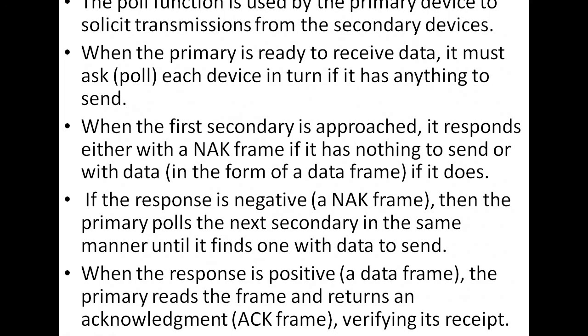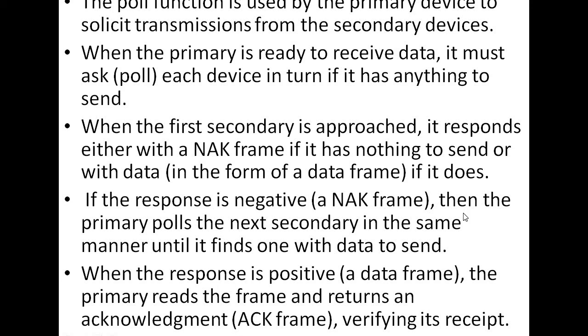So here are the notes. The pull function is used by the primary device to solicit transmissions from the secondary devices. When the primary is ready to receive data, it must ask, that means pull, each device in turn if it has anything to send. When the first secondary is approached, it responds either with a NAK frame, that means a negative acknowledgement frame, if it has nothing to send, as I have told you, or with data in the form of a data frame if it does.